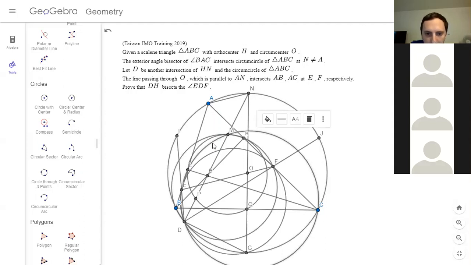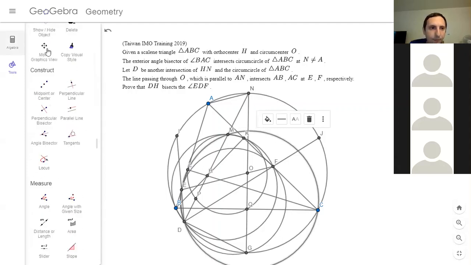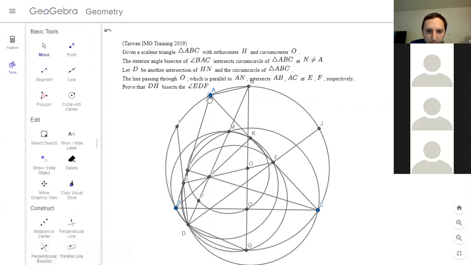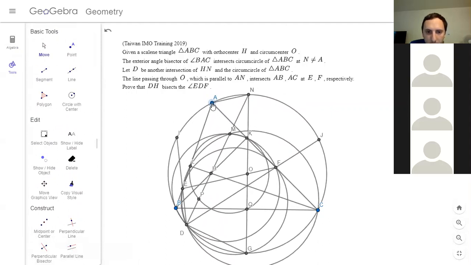So how did you get that DLMC is cyclic? What? That DLMC is cyclic? The reflection of H across AB is on the circumcircle. Okay, so that proves that DLMC is cyclic? We use power of a point, but we divide by 2.